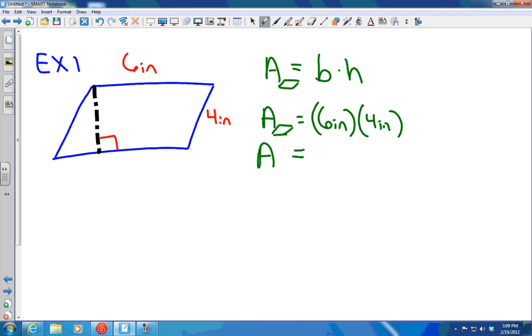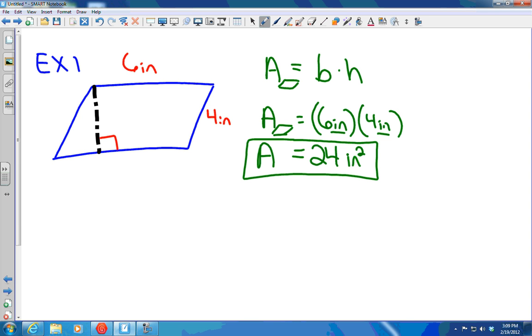So my area equals 6 times 4 is 24, and inches times inches is inches squared. And when you find area, the units should be squared.